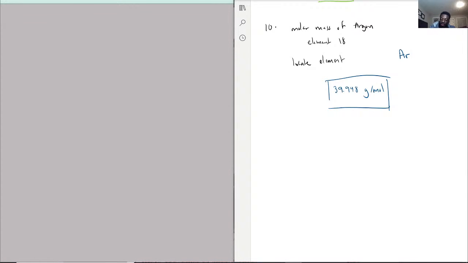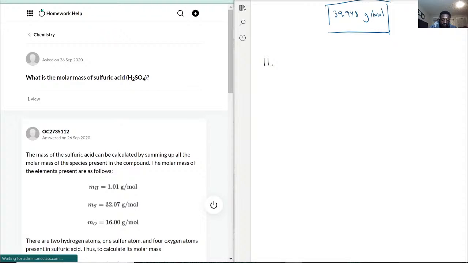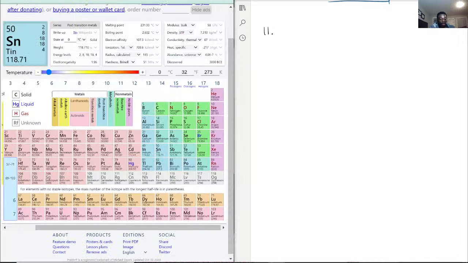All right, now that we finished question 10, let's move on to question 11. What is the molar mass of sulfuric acid? Let's think about this question real quick. This is how we did the previous question, where we were finding the concentration, or the grams of the conjugate base.